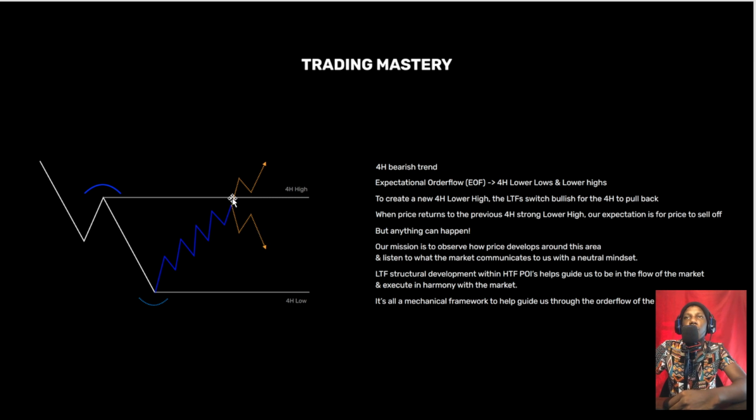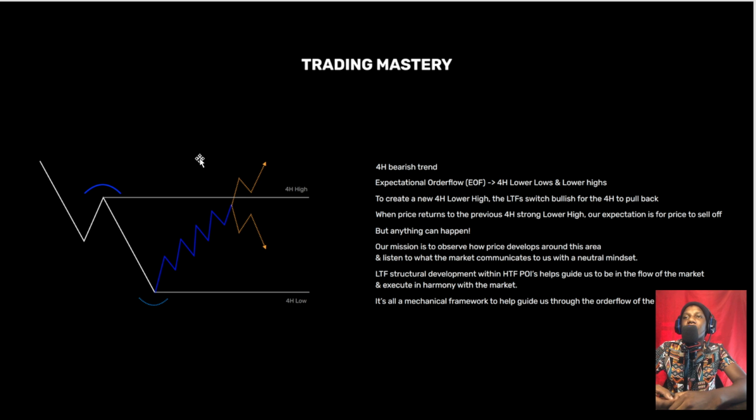Okay, now to create a new 4-hour high, the lower time frame switches bullish for the 4-hour to pull back. When price returns to the previous 4-hour strong lower high, our expectation is for price to sell off, but anything can happen. Our mission is to observe how price develops around these areas, okay, and listen to what the market communicates to us with a neutral mindset.